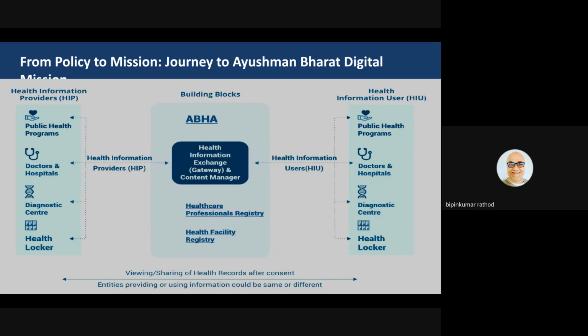So now you understand ABDM is providing the infrastructure between the health information providers and the health information users. On the right side, the same public health programs, doctors, diagnostic centers, and health lockers. So this is the bilateral view of any healthcare information you provide to the ABDM system.